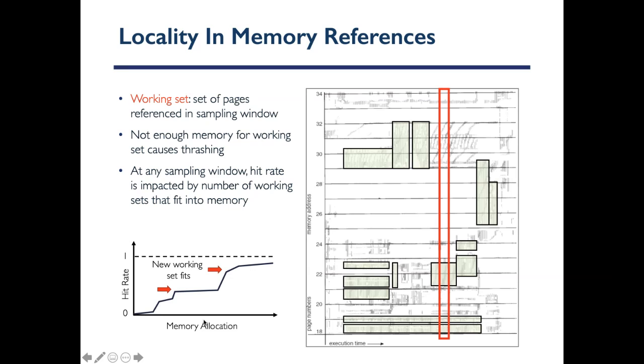As you increase the memory allocation, you get more and more of these steps until it gets basically flat. There are not many more pages to fit in. That would tell you the size of your working set. So whenever this flattens out, you can look at your allocation, and that tells you the size of the working set of your application at this time interval.